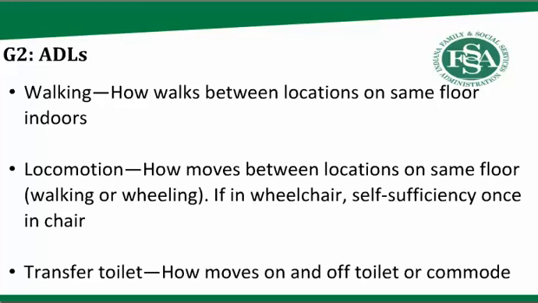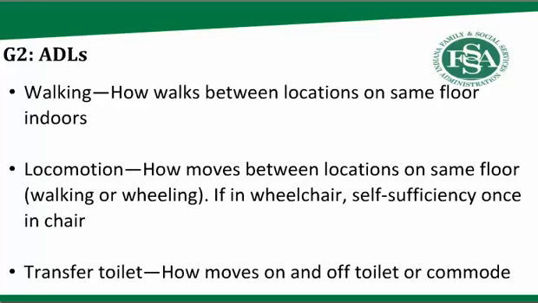Transfer toilet, this one here looks at how the person moves on and off a toilet or commode, or if they're using a bedpan, how they're also getting off and on that. And I just want to make a mention here that currently there's no item in this form or the long form of the home care instrument to measure transfers to and from the bed and chair.